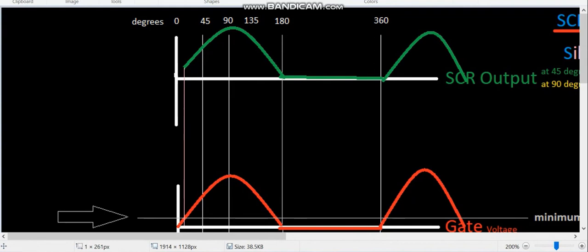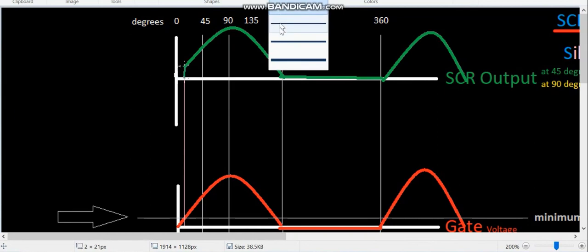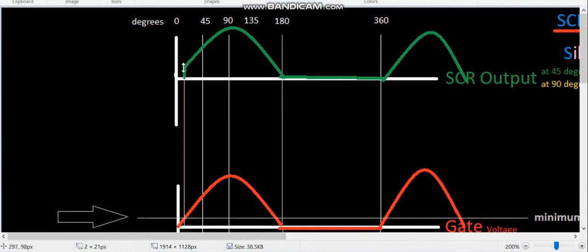We wouldn't see any conduction there, in which case this line would start right here. It would start to conduct at that point, because we can see over here that the current for the gate wasn't high enough.